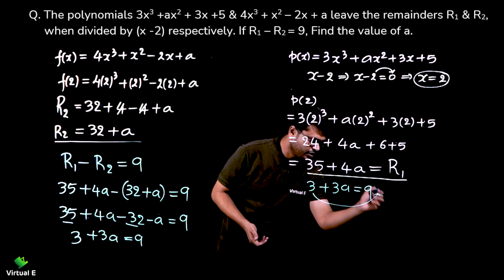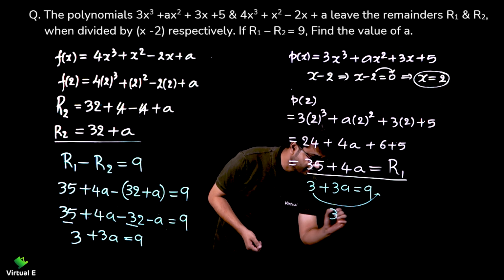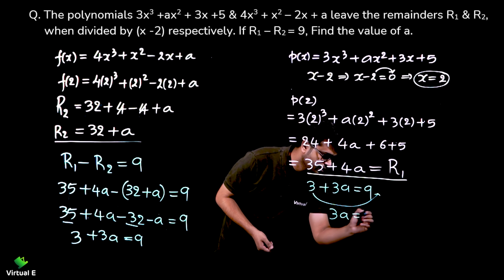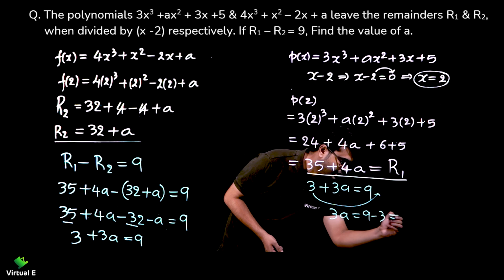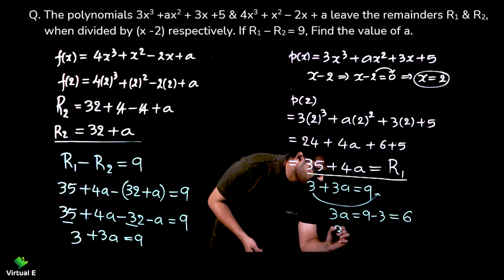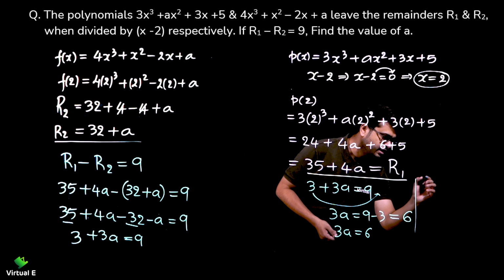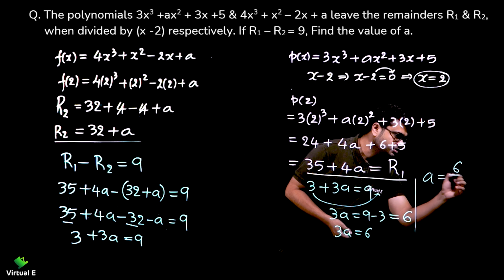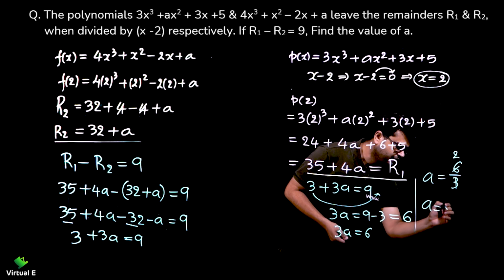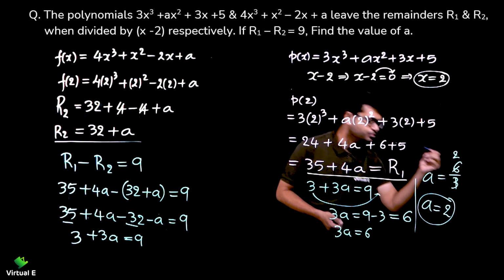Let's shift 3 over here, that will become negative. So 3a is equal to 9 minus 3, that is 6. So 3a is equal to 6. What can we write for a? a is equal to 6 by 3, 3 twos are 6. So the value of a is 2.